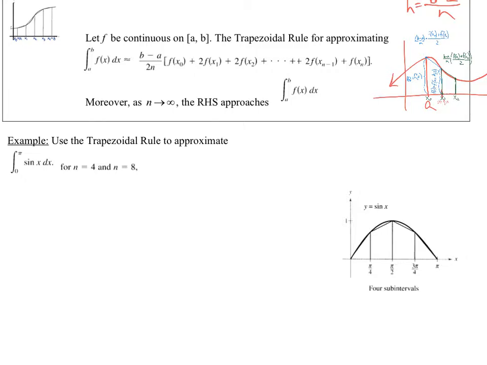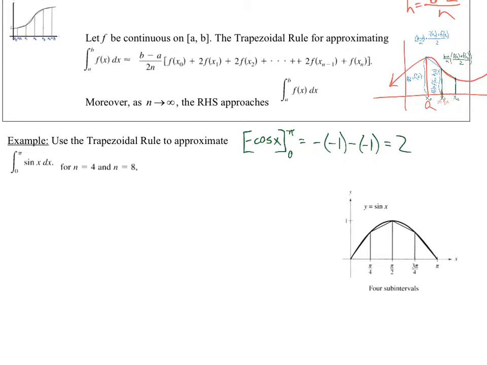Negative cosine. All right? So negative cosine evaluated from 0 to pi, negative 1 minus a negative cosine of 0 is 1. So this should come out to about 2.